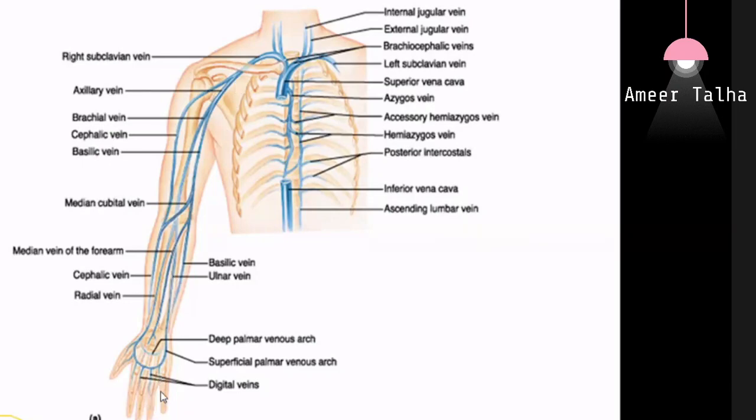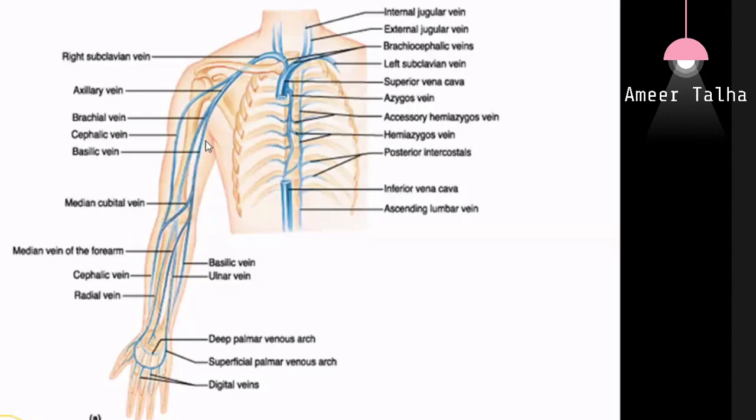And while we are talking about the medial aspect, from the medial end of the dorsal venous arch, there is a continuation named as the basilic vein, that is from the base. It ascends along the medial side of the forearm, gets a communication, that is the median cubital vein, and again it ascends upward.